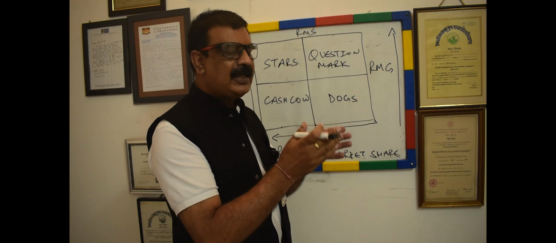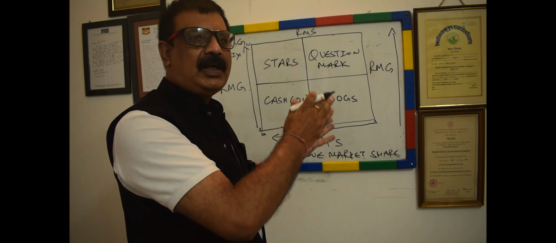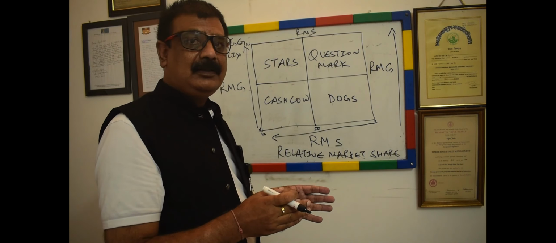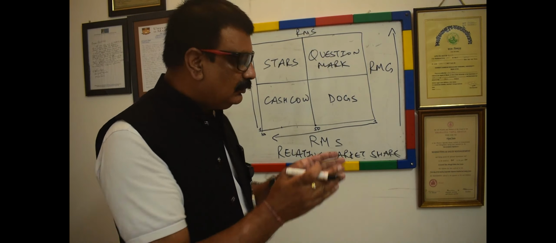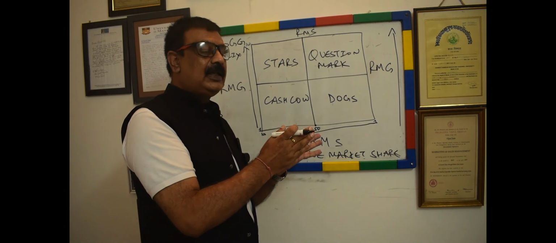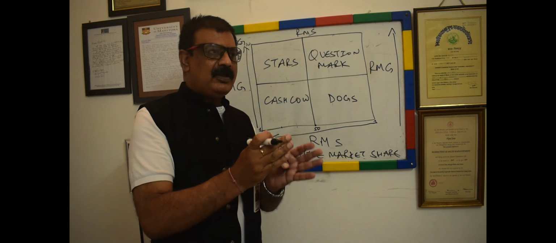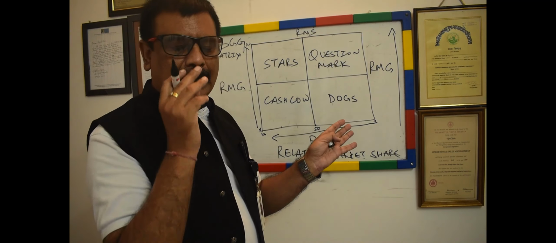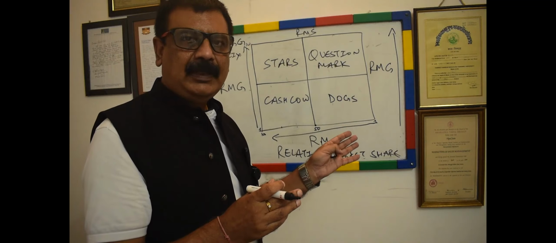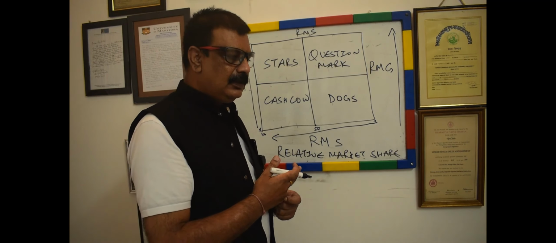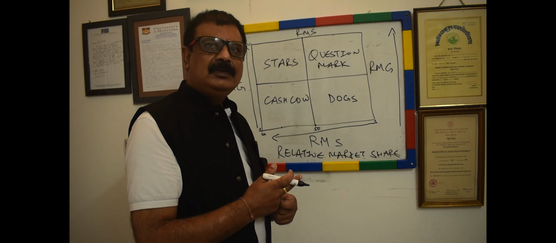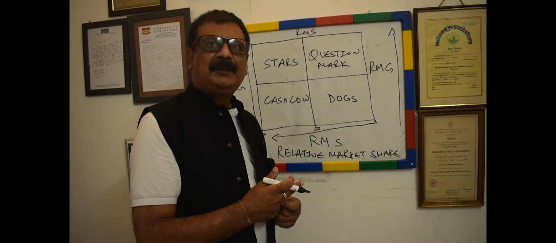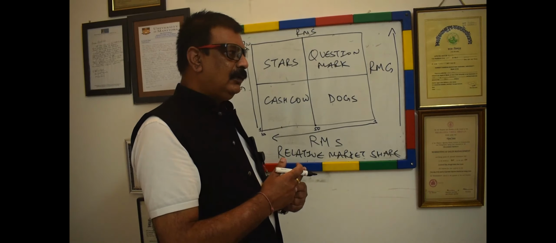Which means if the year before last 20 cars were sold and last year 30 cars were sold, then it has increased by 10, and you can calculate the percentage. 10 divided by 20 into 100, because it was 20 the year before last, and then it changed to 30. So if you're taking the base here, that's 20, that's the percentage it has increased.